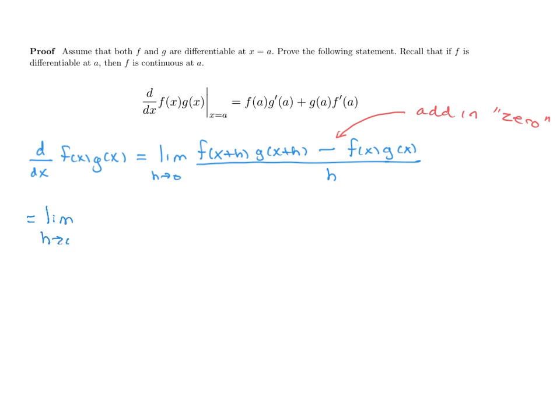This is the limit as h goes to 0 of, so we have this f of x plus h, and we have this g of x plus h. I'm now going to subtract, and I'm going to do a kind of combination of this term and this term. I'm going to subtract f of x plus h times g of x, but at the same time, I'm going to add it back in.